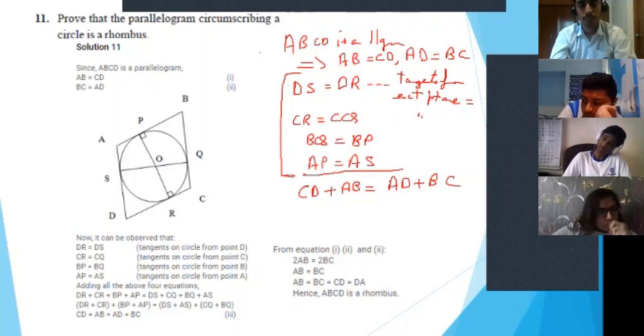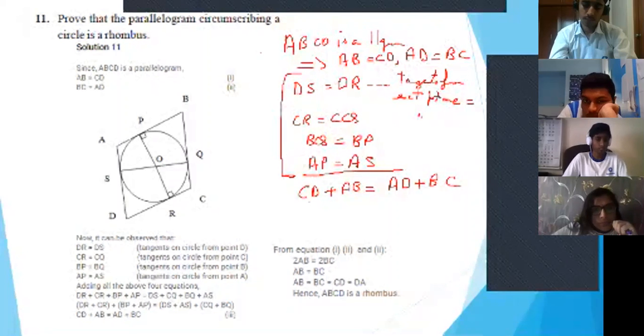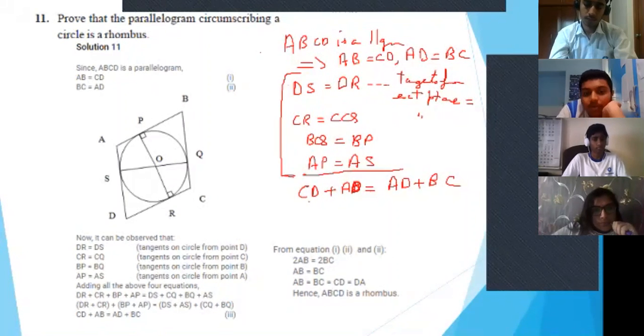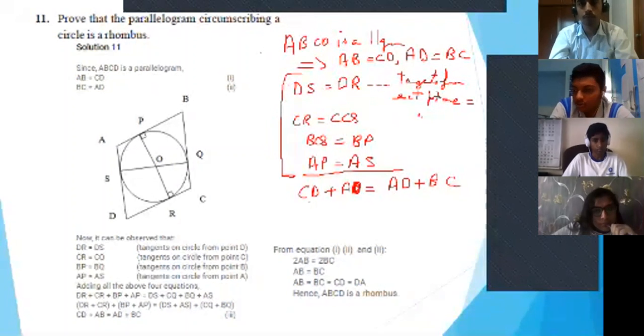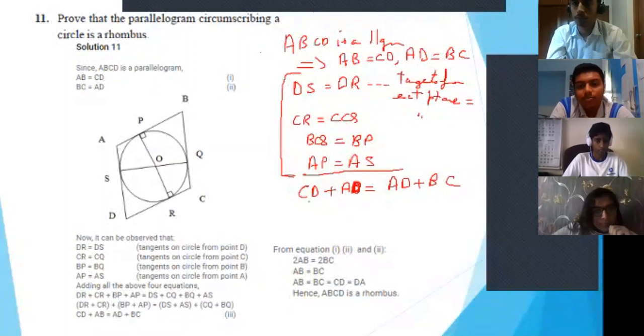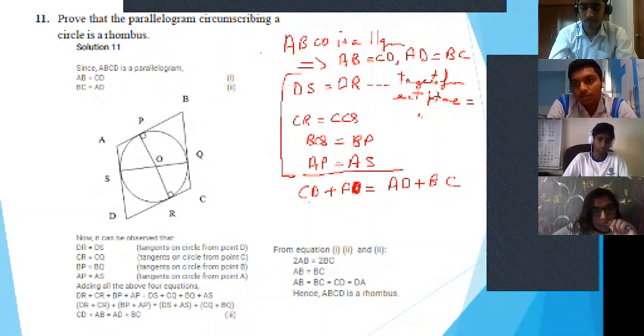No, we will not do it this way. We will do CD plus the other part. CD plus AD, not AB. So CD plus AD will be equal to AB plus BC. Otherwise, it will not work.